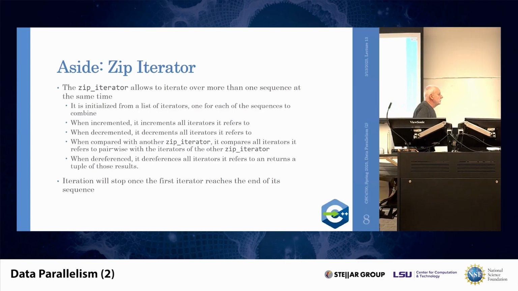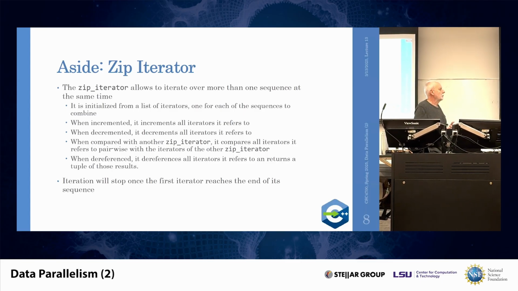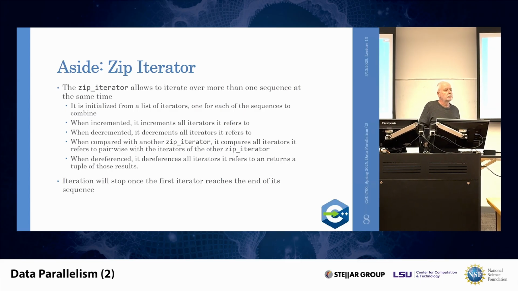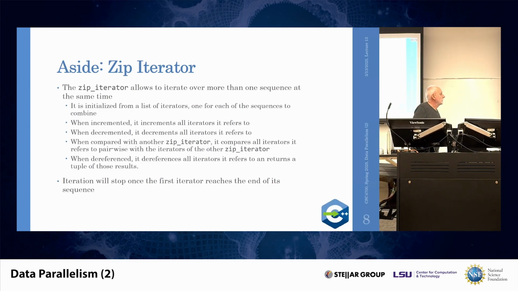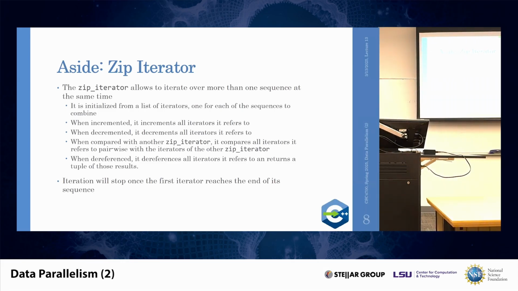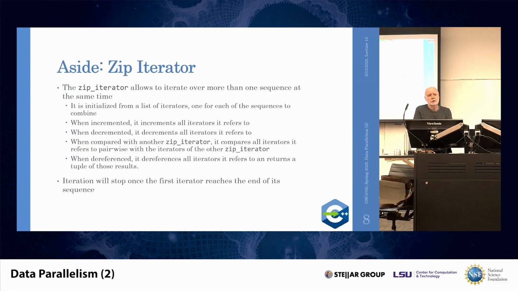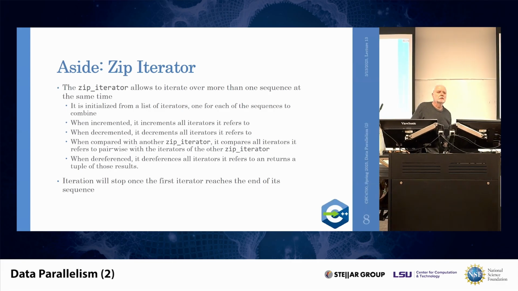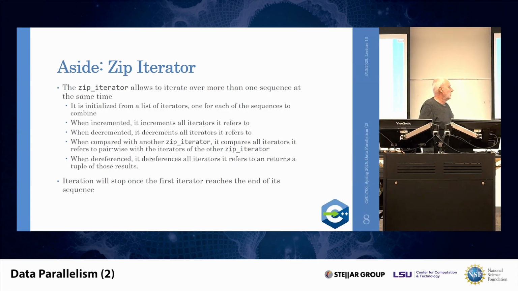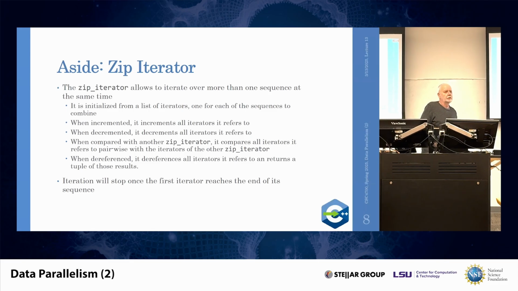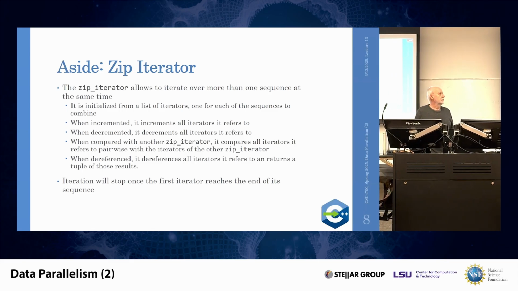So a zip iterator allows to iterate over more than 1 sequence at the same time. It is initialized from a list of iterators, 1 for each of the sequences. And when incremented, the zip iterator increments all iterators it is initialized for. When you decrement the zip iterator, it decrements all the iterators.